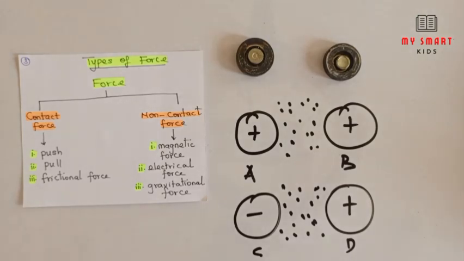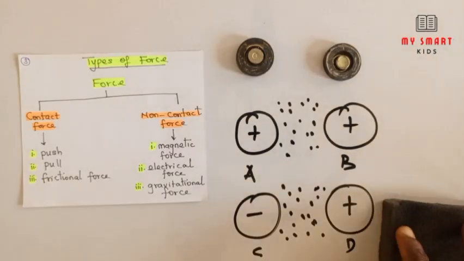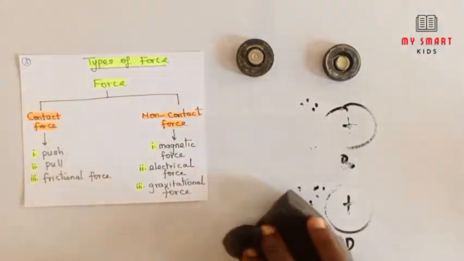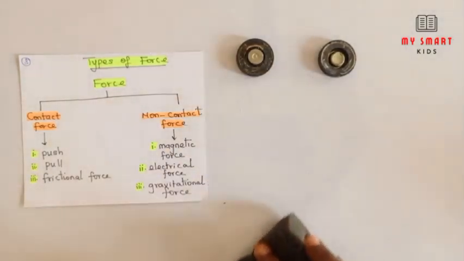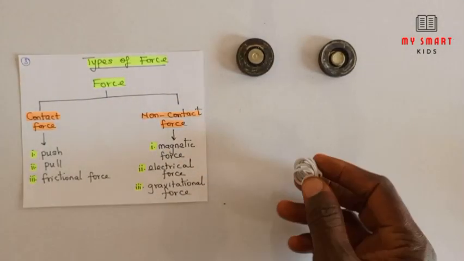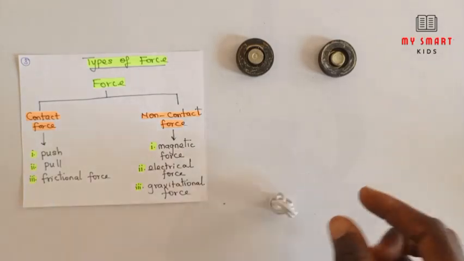Then the third one is very common, and that is the gravitational force. Gravitational force is also a non-contact force, and that is the force that is making everything you throw up come down.